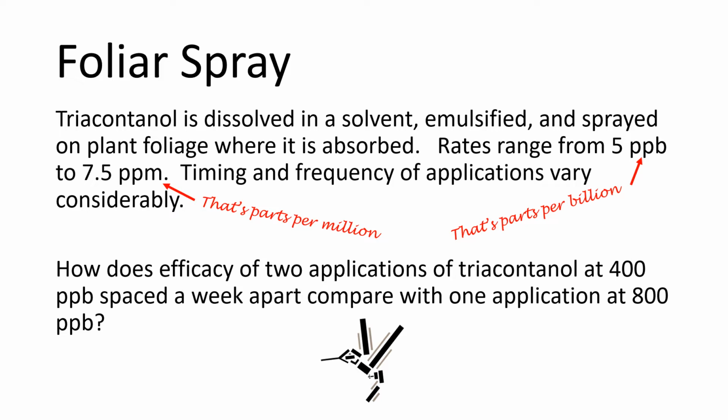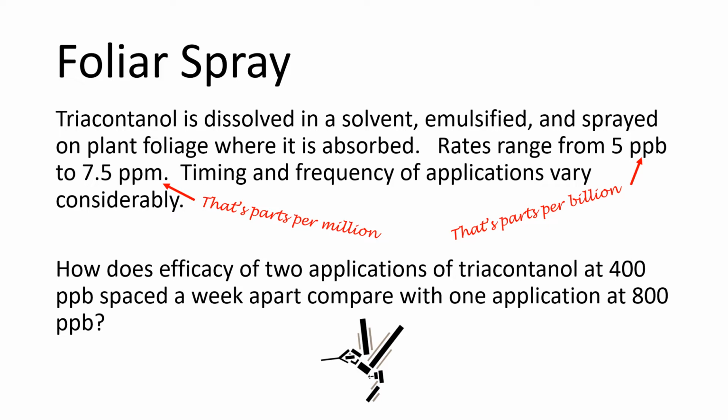Rates range from 5 parts per billion to about 7.5 parts per million. That's kind of what you see in the publications out there. I think 7.5 parts per million is way too high, but there is a broad range.